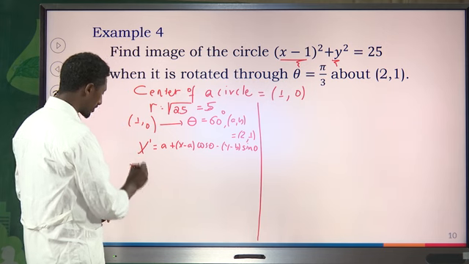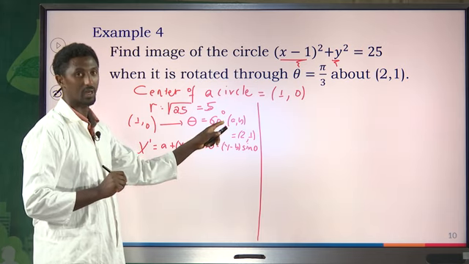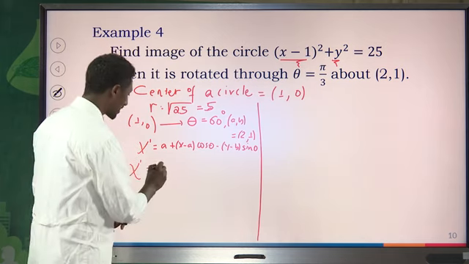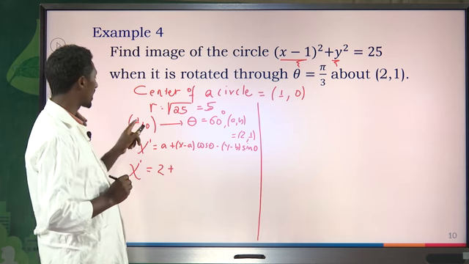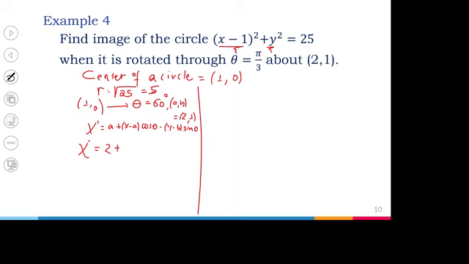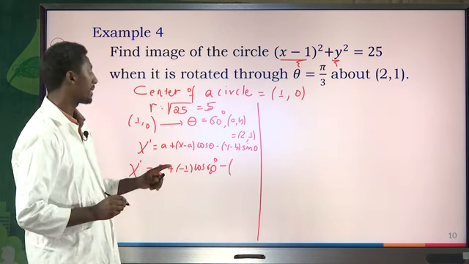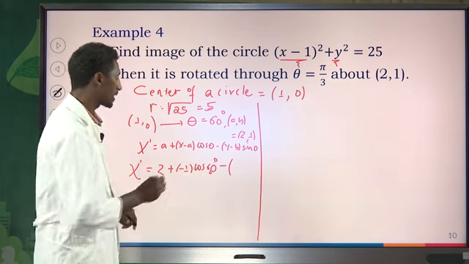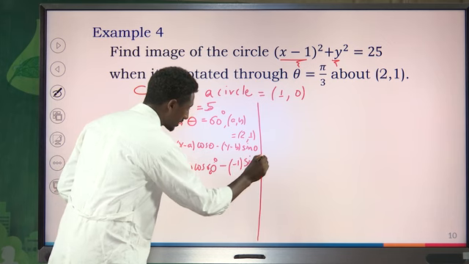So x prime equals, what is a? a is the x coordinate of the center of rotation, that is 2, plus (x minus a), that is 1 minus 2, which is minus 1, times cos 60 degrees, minus (y minus b), that is 0 minus 1, which is minus 1, times sin 60 degrees.